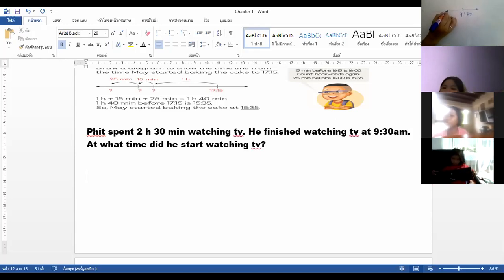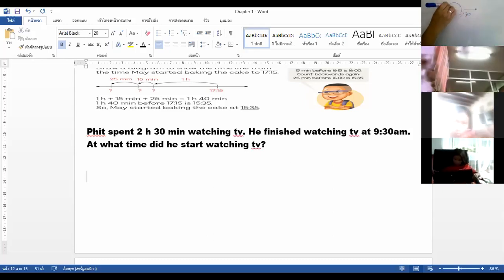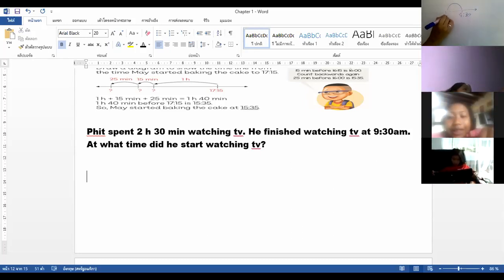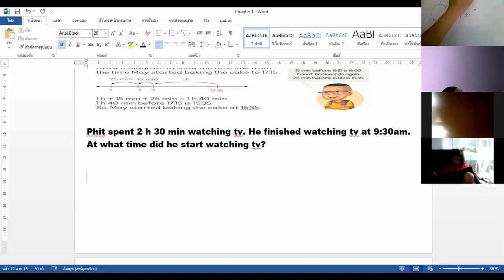9:30. So from here up to here, it's 8:30. And then from here up to here is 7:30. So here, 1 hour from 9:30 to 8:30. And then another 1 hour from 8:30 to 7:30. So that's 2 hours, right?